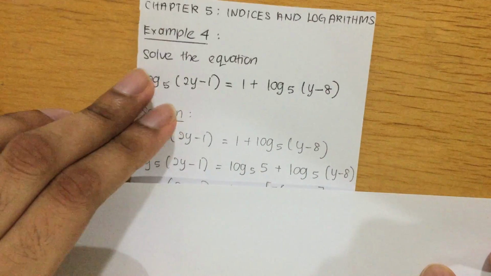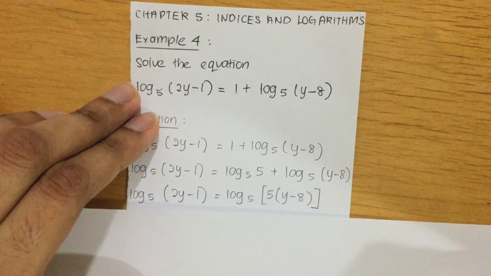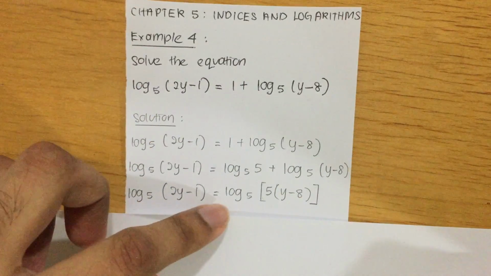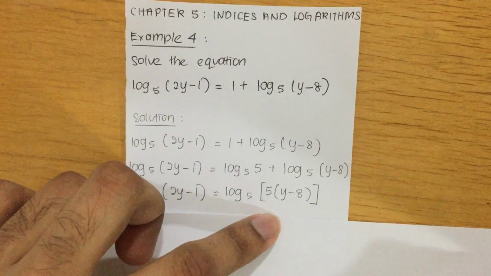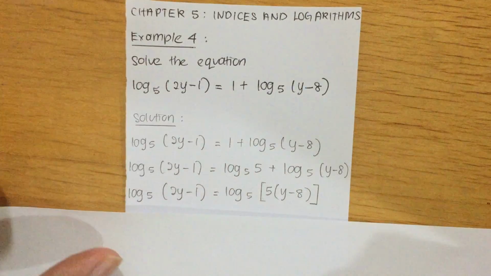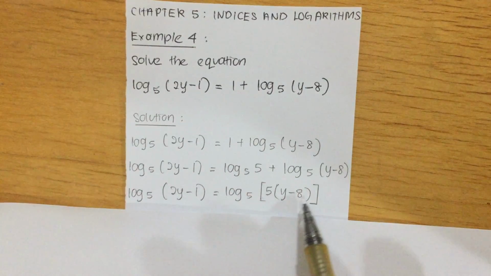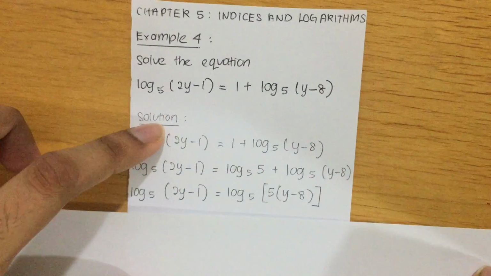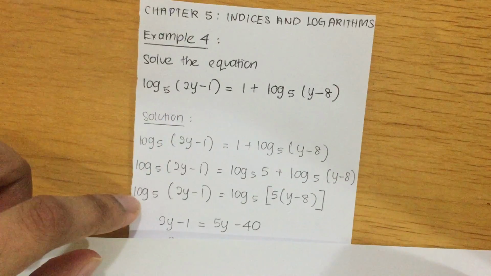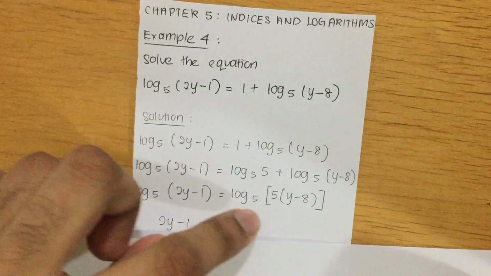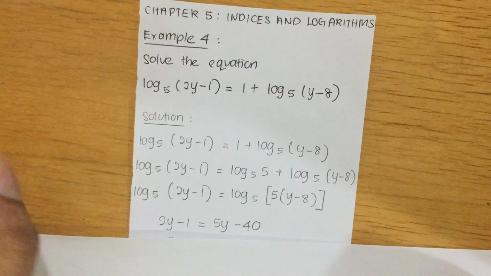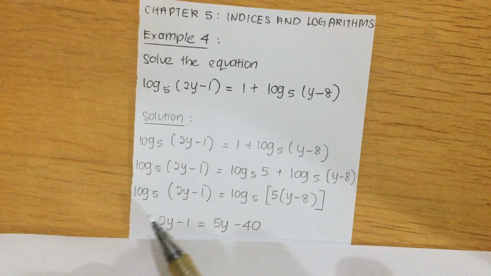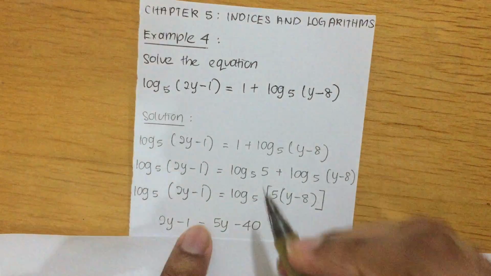Proceed to the next step. log₅(2y − 1) equals log₅(5 times (y − 8)). So 5 times (y − 8), you should be getting 5y − 40, guys. From here, since we have already simplified the left-hand side and right-hand side with log₅ on both, you can cancel them out.